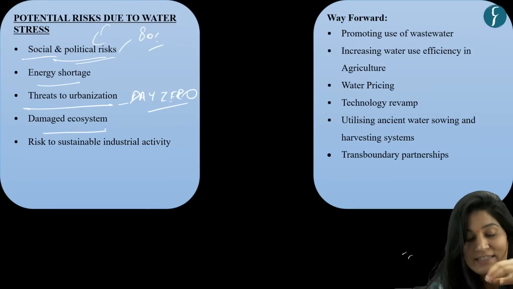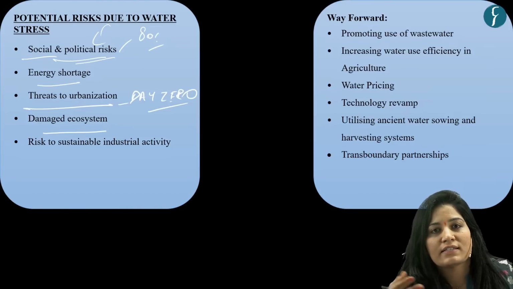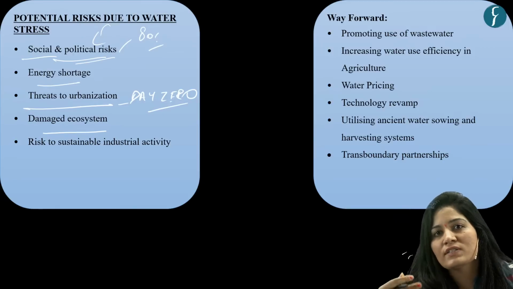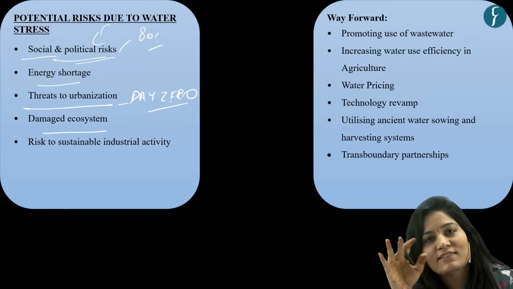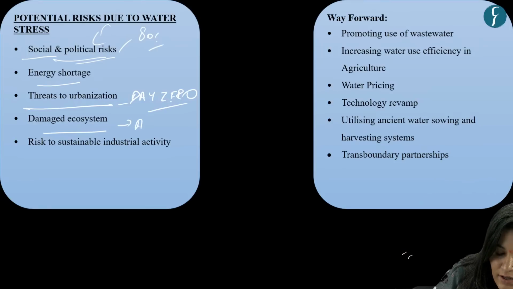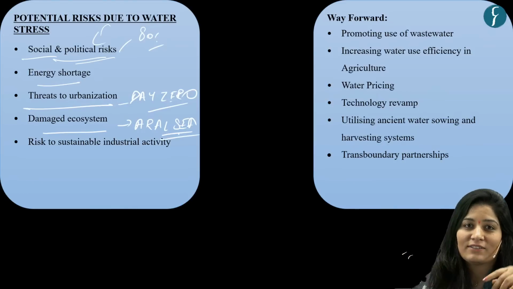Then next is damaged ecosystem. Obviously, because of water scarcity, the natural ecosystem will lose out. Let's understand this also with a very good example. You must have heard about the Aral Sea. Even UPSC framed a question on this.